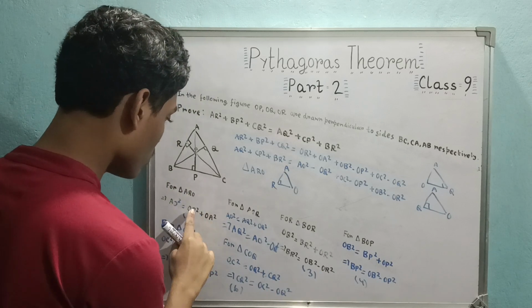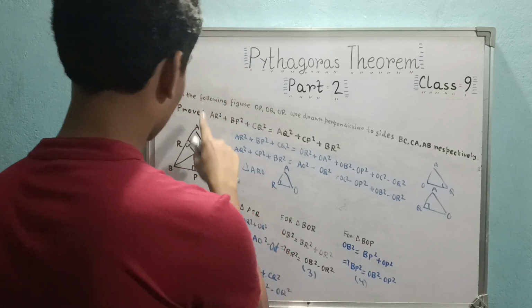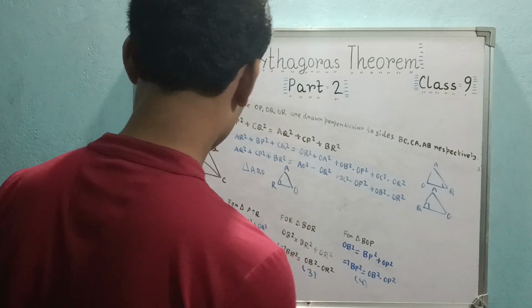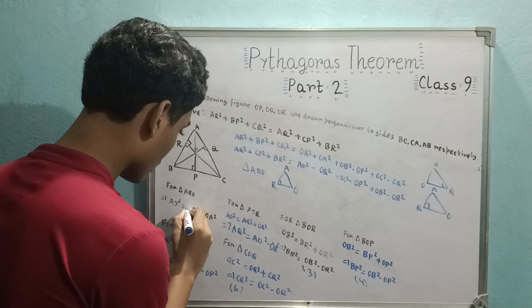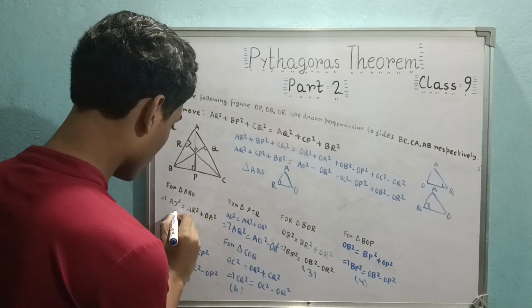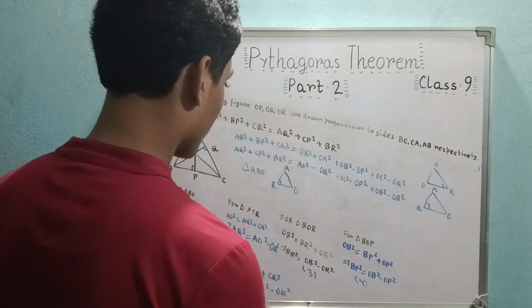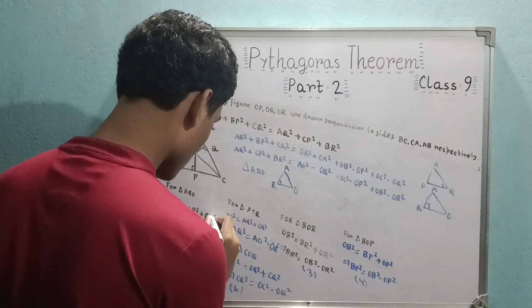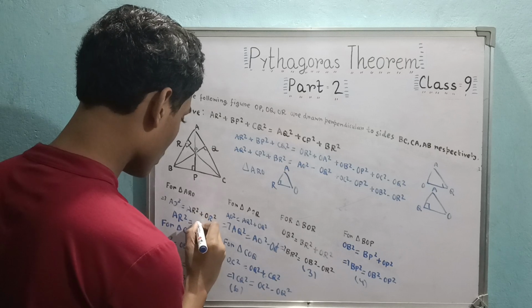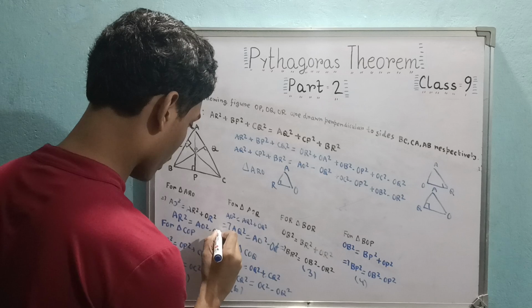AO square equals AR square plus OR square. Then AR square equals AO square minus OR square.